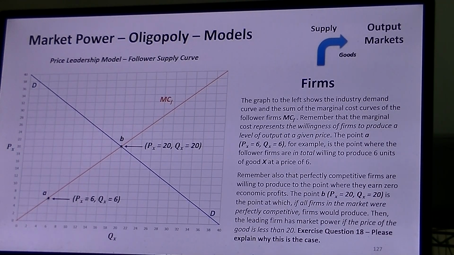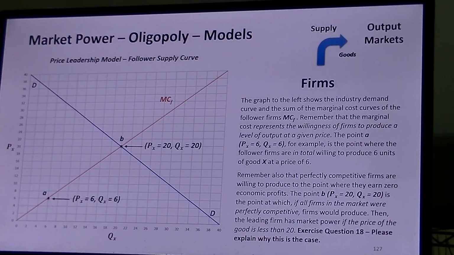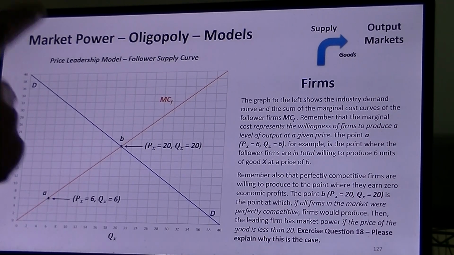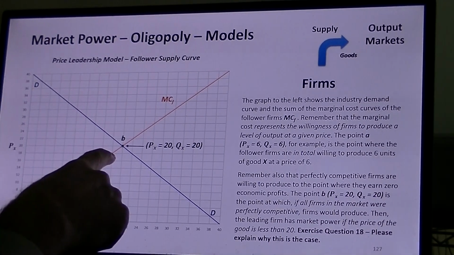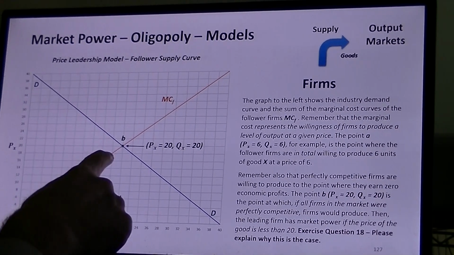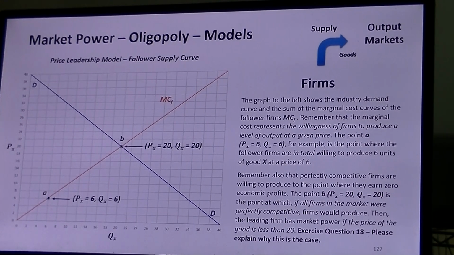A firm can set their price, and they maximize profit based on their ability to control their quantity of output and their price. So if the leader firm sets its market price at less than 20, the follower firms would be willing to produce an outcome that's less than the perfectly competitive outcome.